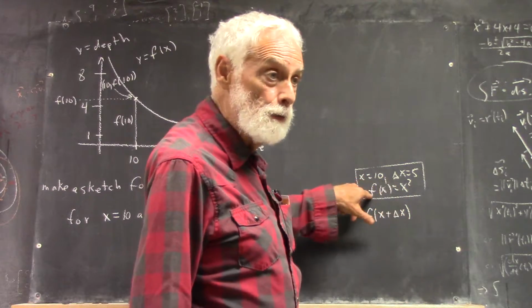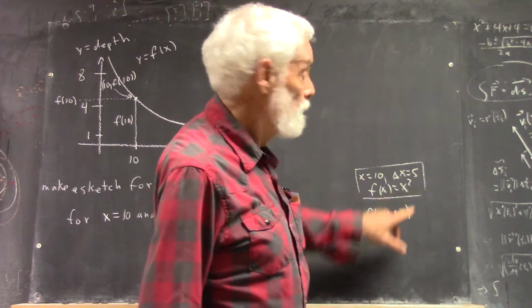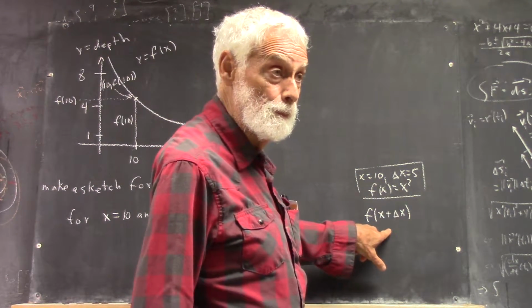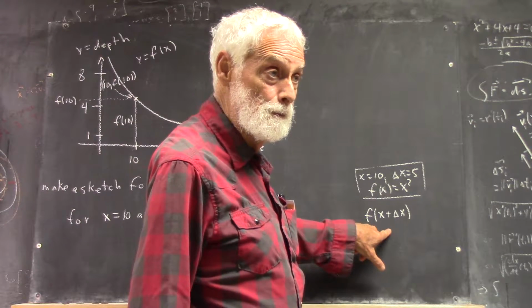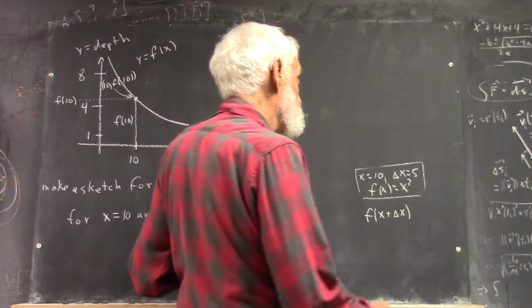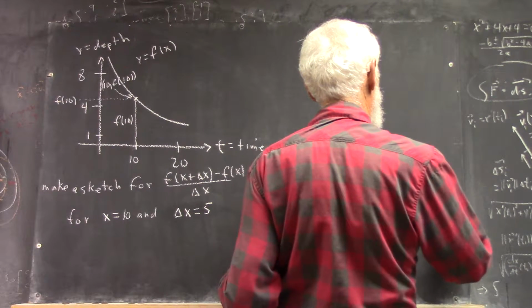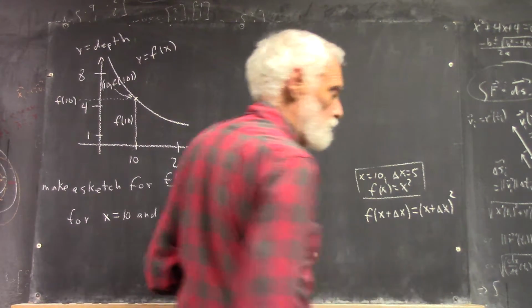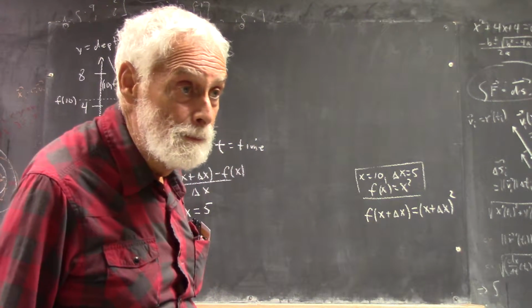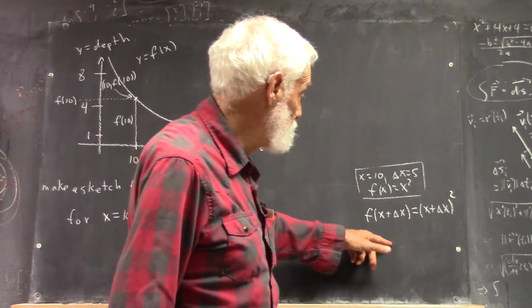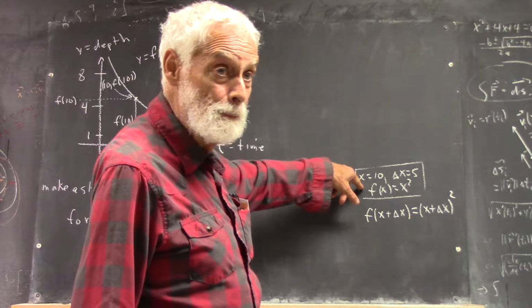So I'm saying if f of x was x squared, then what would this be? Well, first of all, f of x plus delta x is x plus delta x squared, right? Because that's what function notation tells you, if this is f of x.